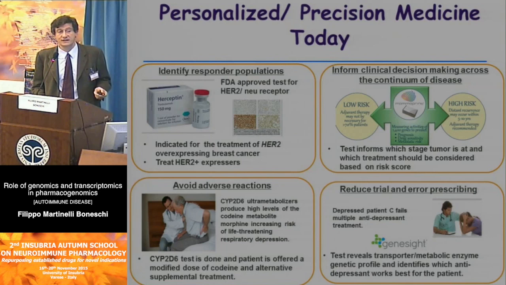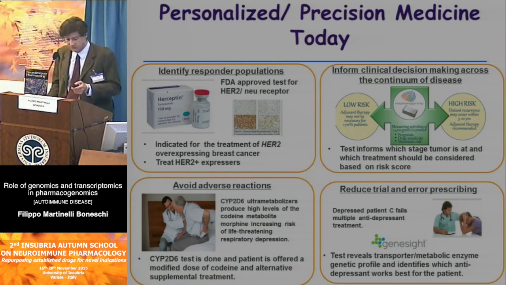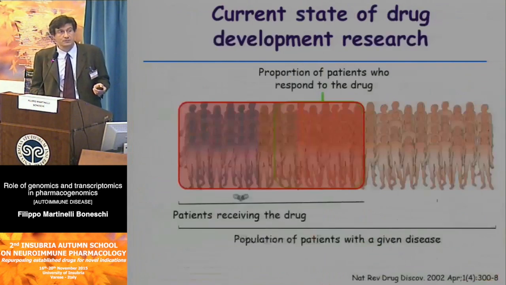And then, of course, the basic idea is to reduce trial-and-error prescribing. So to be able to choose a drug before the drug is tested and maybe before an error has been made, which is very relevant from a public health point of view.